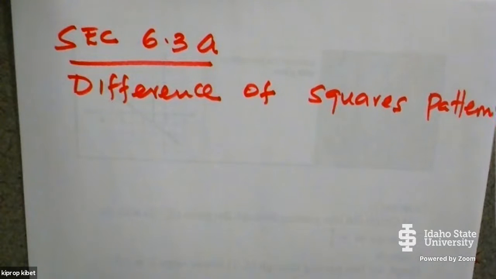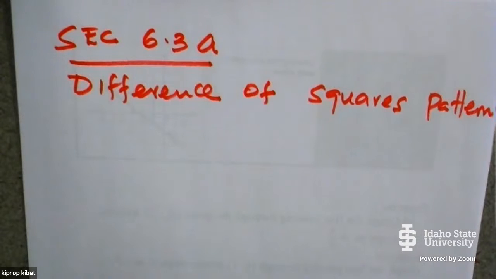What we did in section 6.1 is related to sections 6.3 and 6.4, as we continue. So that means in chapter 6, everything is connected. Okay, so let's look at difference of square patterns.